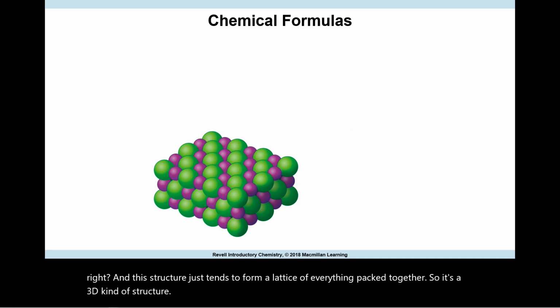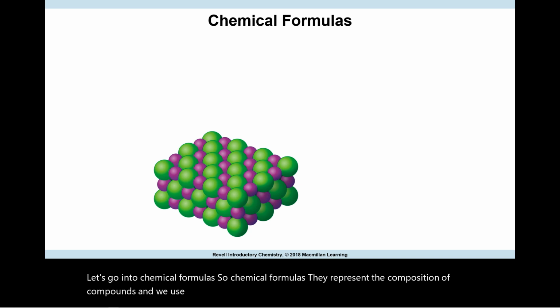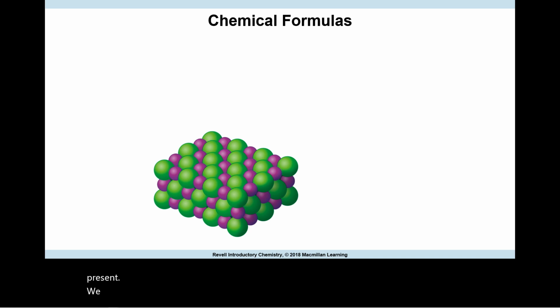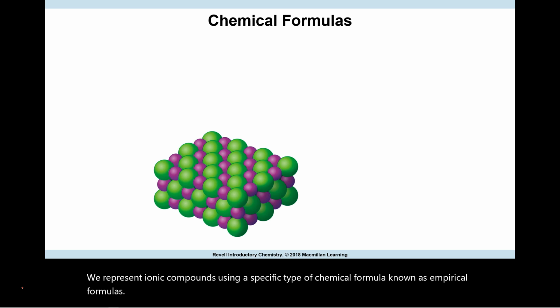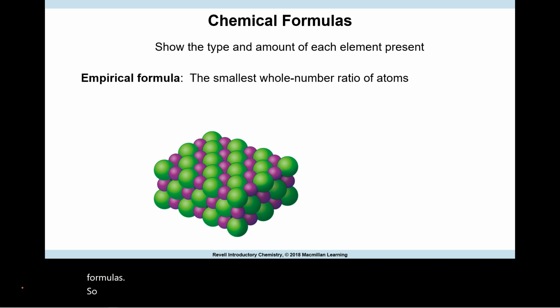Now let's go into chemical formulas. Okay? So chemical formulas represent the composition of compounds, and we use the chemical formula to indicate the type and amount of each element present. We represent ionic compounds using a specific type of chemical formula known as empirical formulas. So the empirical formula is the smallest whole number ratio of atoms, right?